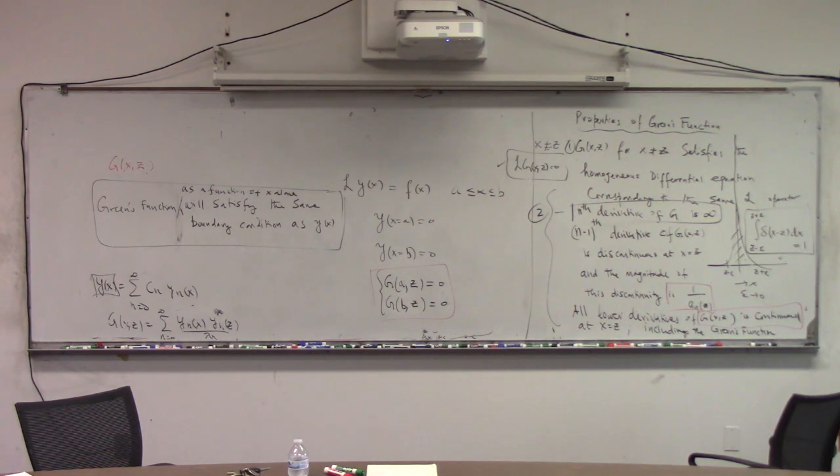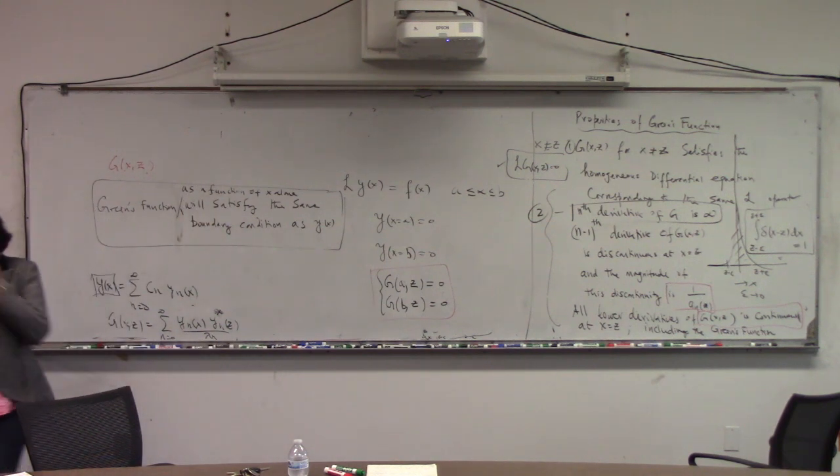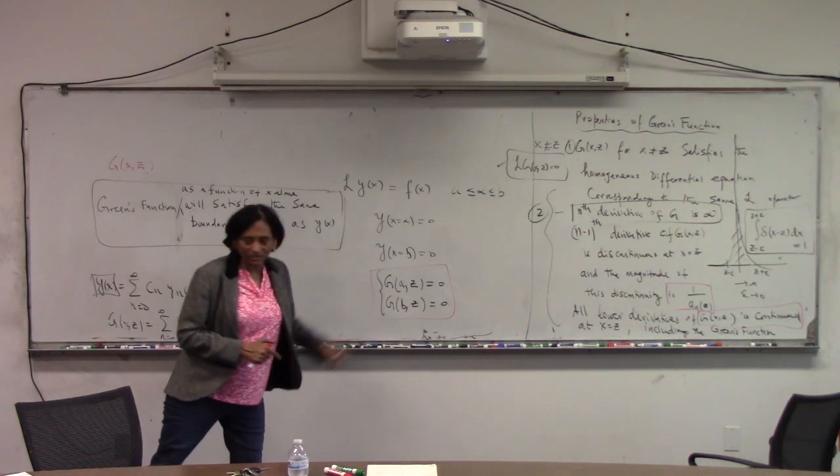And for x equal to b, it has to satisfy that boundary condition. The full sentence should say Green's function will satisfy the same boundary condition as y as a function of x alone. But for any z, right, because y is a function of x only.